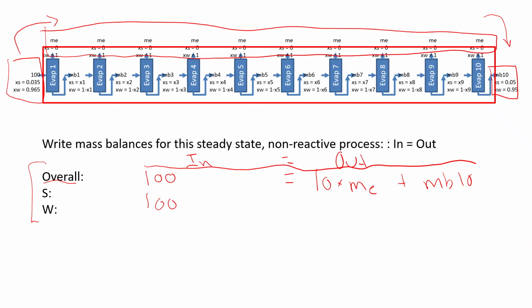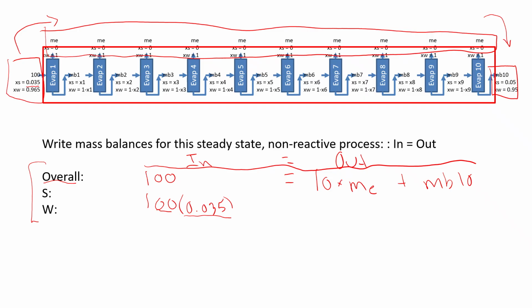In order to do a salt balance, I have to multiply that 100 by the fraction which is salt. I can look over in the table here, or on the process flow diagram, and I see it's 0.035. It has a mass fraction of salt of 0.035. So the total flow rate, which is 100, times the fraction which is salt, gives me the amount of salt that's an input to that control volume.